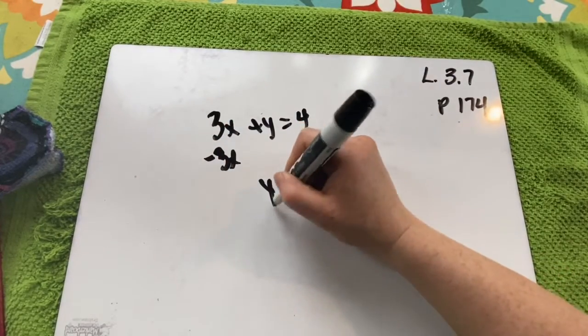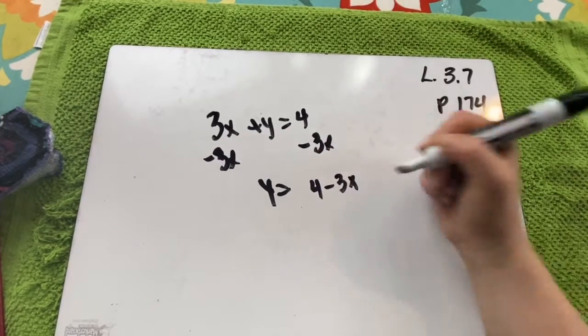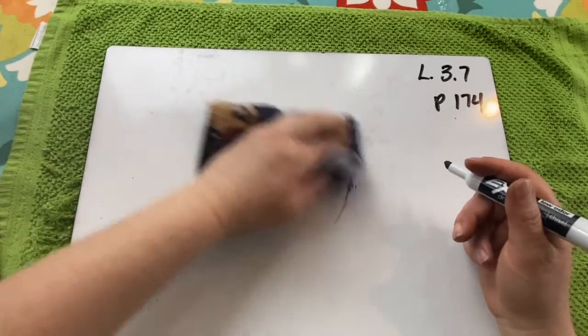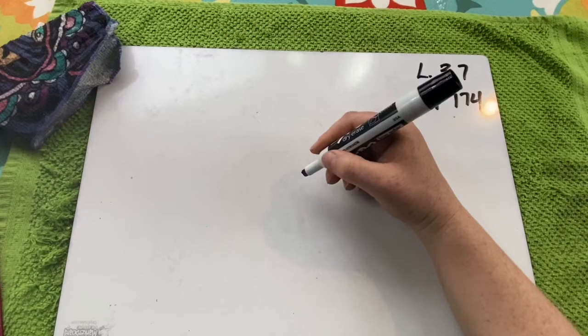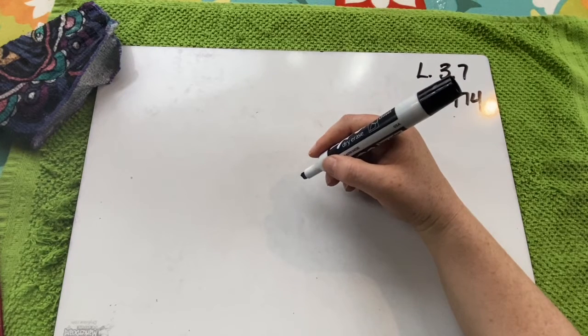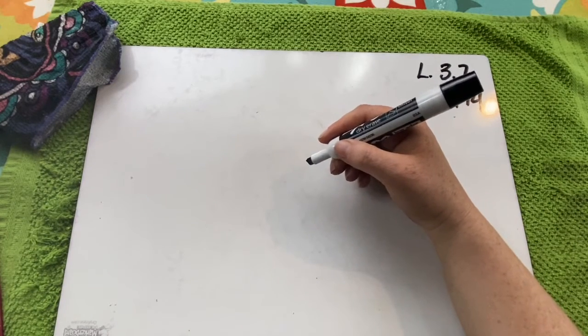Now I have y equals 4 minus 3x. They just wanted y by itself, so you're solving for y. So all of that work, you guys are going to be solving for y basically today.